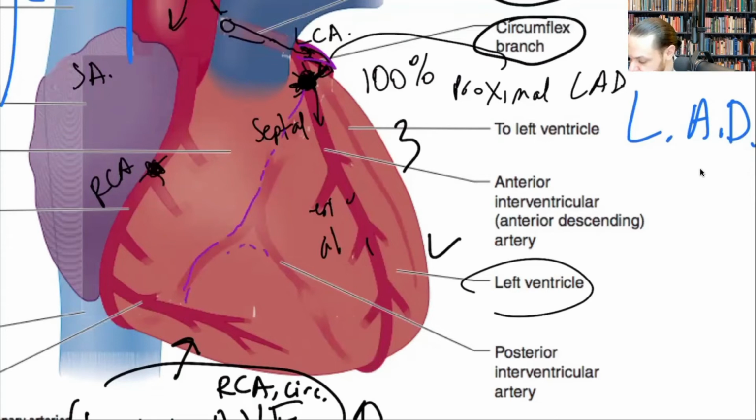So this portion still feeds the inferior wall, the bottom portion of the heart. Depending on the person, you could have isolated right coronary artery just feeding the inferior wall, or you may have a lesion somewhere here where it's the circumflex.